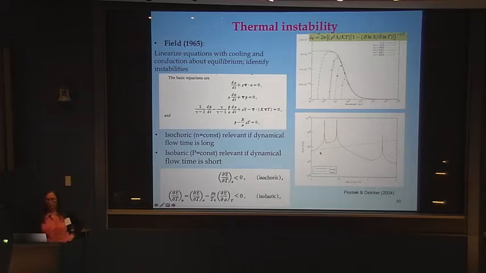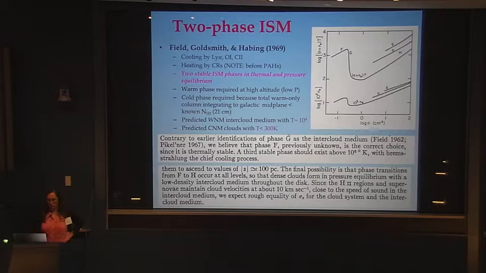And you can compare to the heating time, so the sound crossing time, I guess that's what's shown here. Where that sound crossing time is shorter than the cooling time, you expect to have that isobaric form of the thermal instability. And indeed, that's what you have in the ISM.